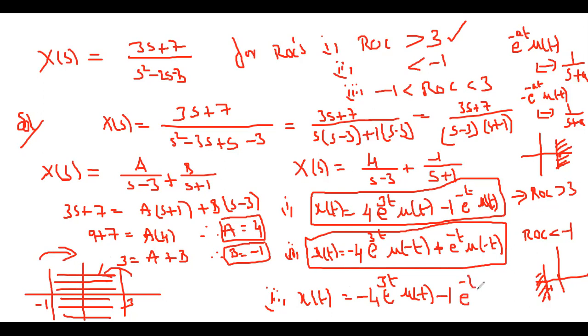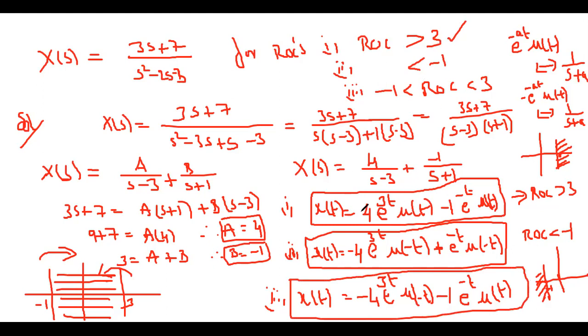So e power minus t mu of t I am writing. Here it is mu of minus t. Remember my students, it is mu of minus t. Got it? This is the third ROC.